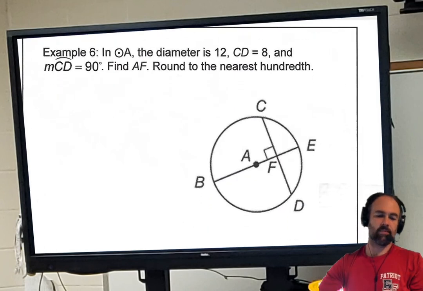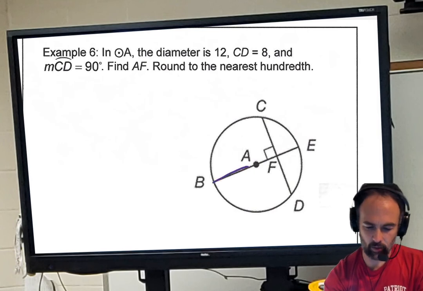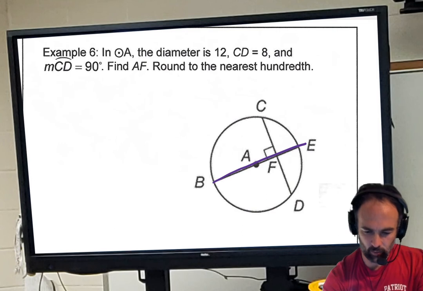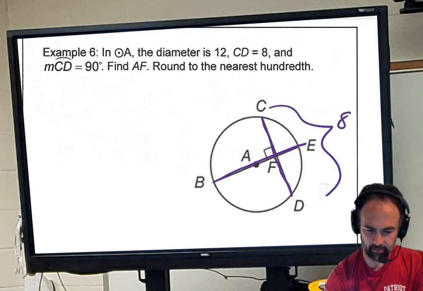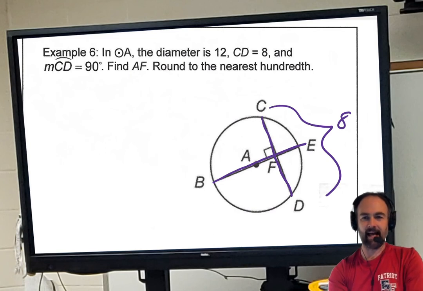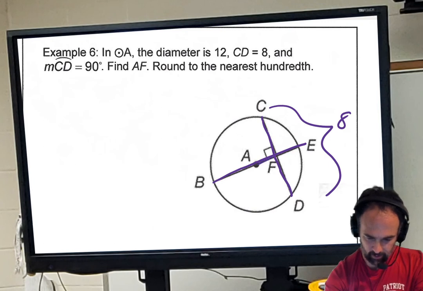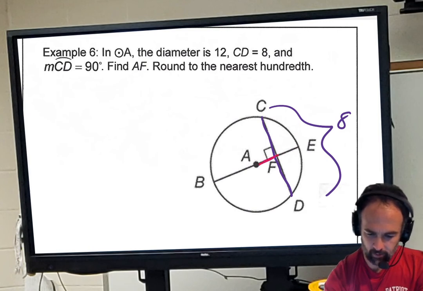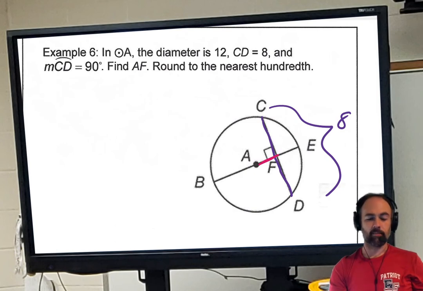All right, circle A, the diameter is 12. So from B all the way to E is 12. CD all the way here is 8. So this whole distance is 8. Find AF. So I want to know just the distance from A to F, different thing here. Okay, here's what we need to know first.